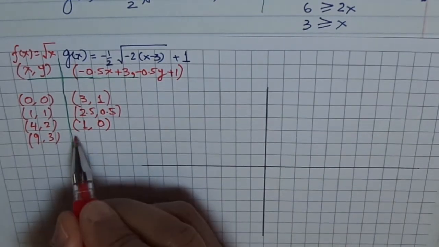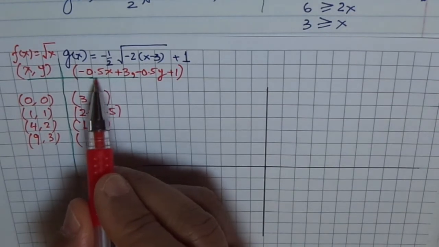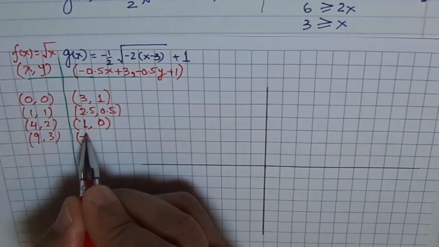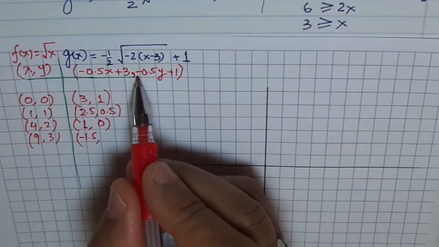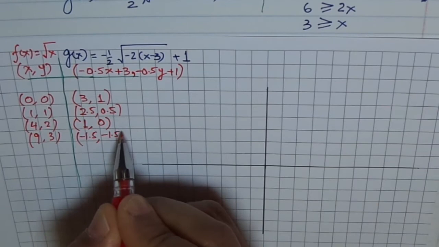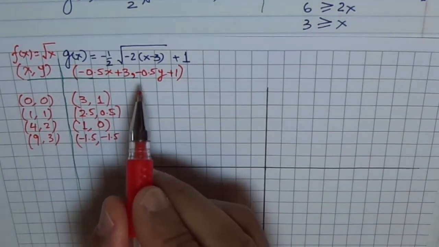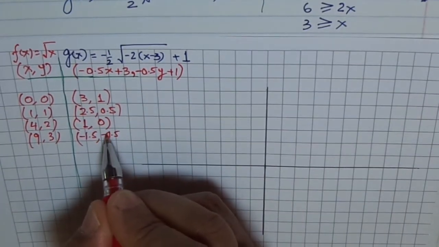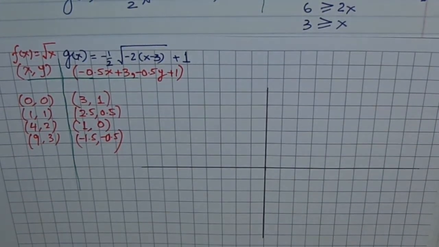Correct? Now let's put the next value, 9. Half of 9 is 4.5, minus 4.5 plus 3 gives minus 1.5. How about 3? Half of 3 is 1.5, minus 1.5 plus 1 gives 0.5. Correct? So that's our value.